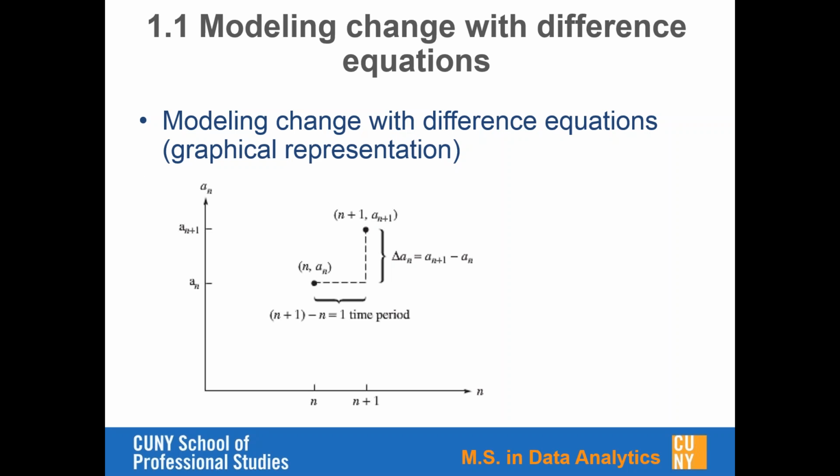And then the graphical representation of this is saying that at period n, the point is at an, and then at period n plus 1, the value of y is at an plus 1. So the time period difference is 1, and the y value change is delta an equal to an plus 1 minus an.